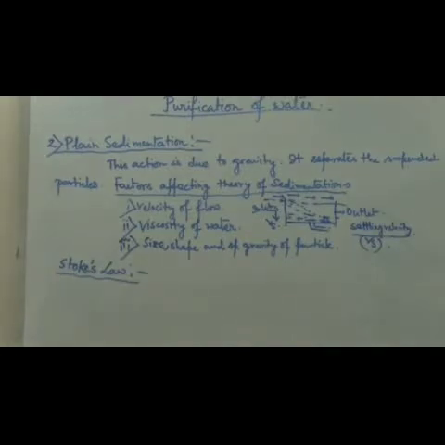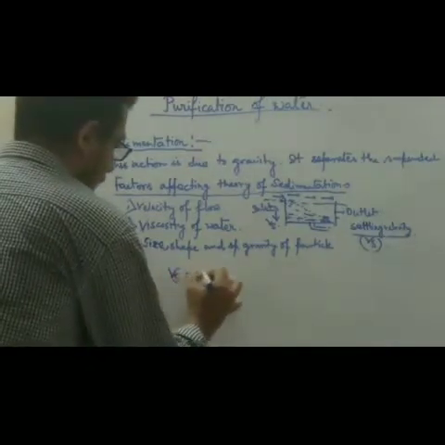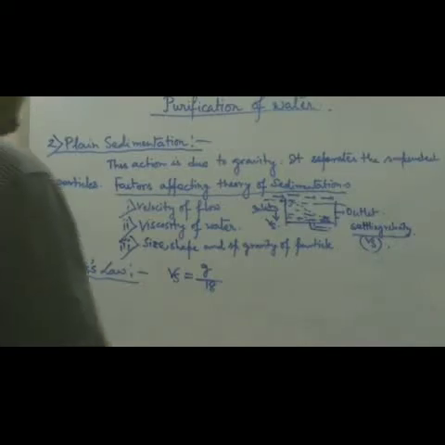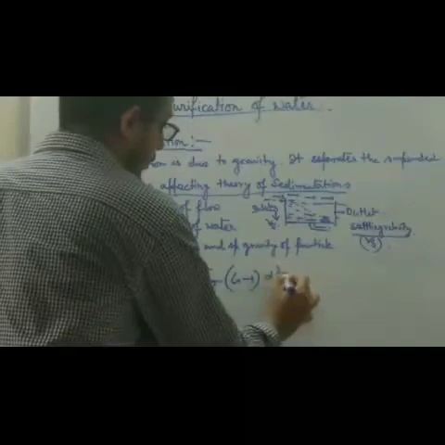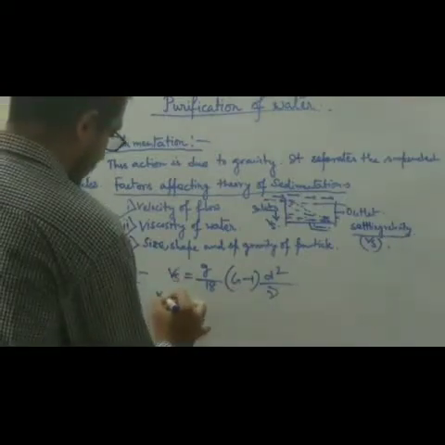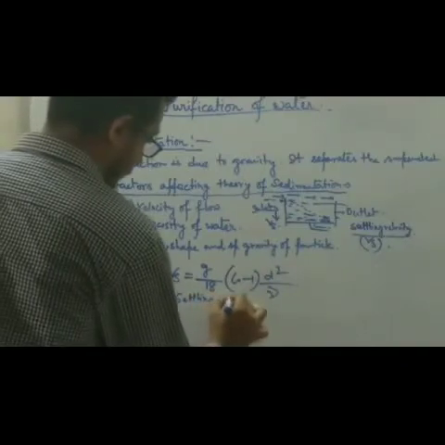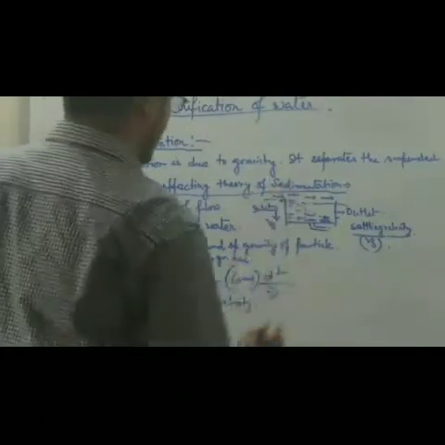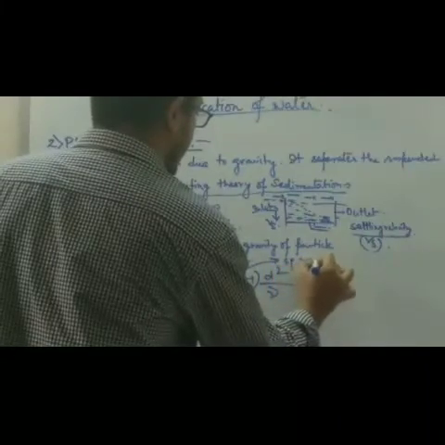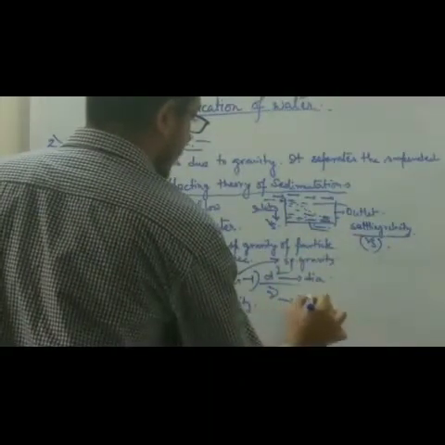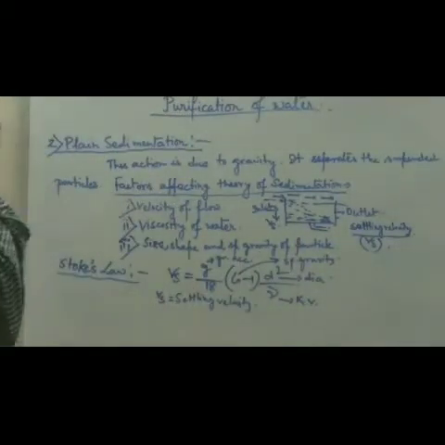And what is Stokes law? It gives a mathematical derivation, that is Vs, the settling velocity, equals g by 18 into (G minus 1) into d square by nu, where Vs is the settling velocity, g is the gravitational acceleration, G is the specific gravity of the particle, d is the dia of the particle, and nu is the kinematic viscosity of the liquid.